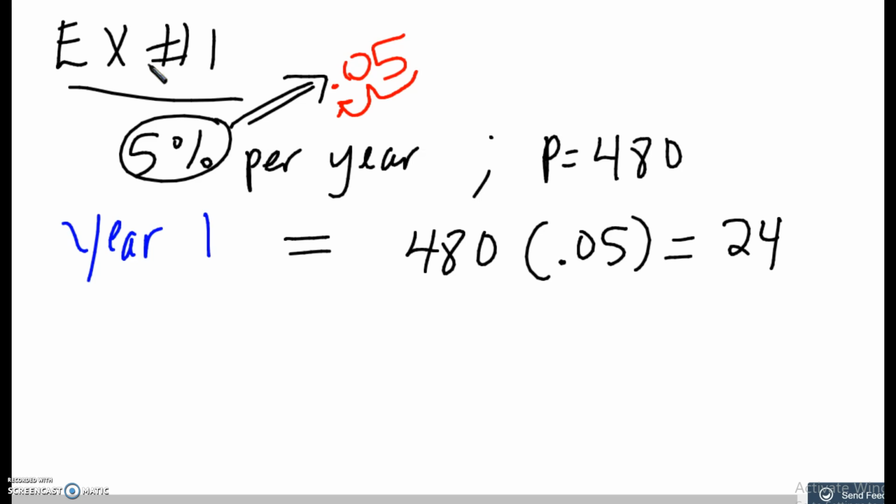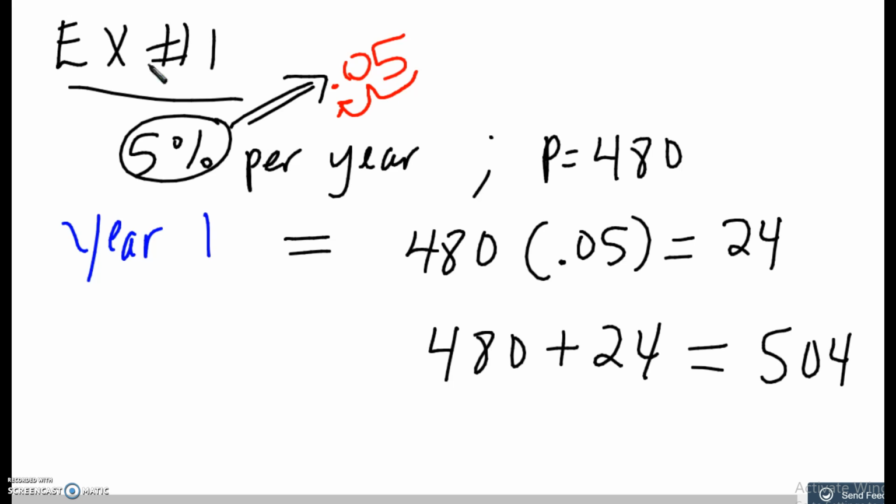So to find the ending value at the end of year 1, you have to take the 24 and go ahead and add it back to 480. And then you'll find how much we have at the end of that year, accounting for inflation. Okay, so at the end of year 1, the cost is $504.